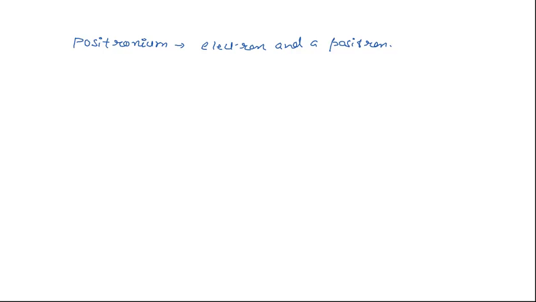Now this is just like hydrogen, depending on the spins, right? So the ground state of positronium is like the hydrogen atom.